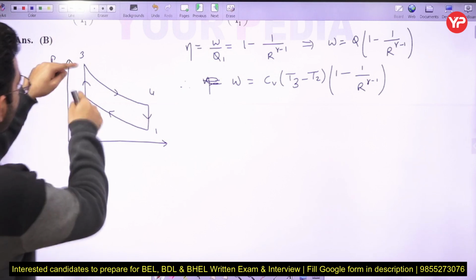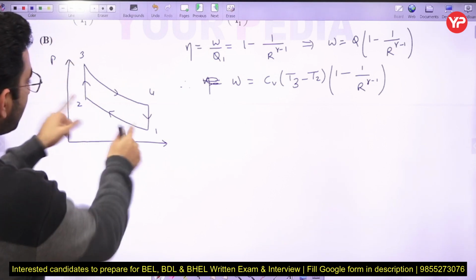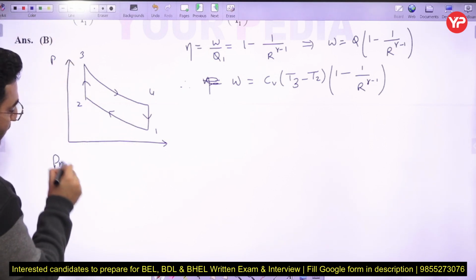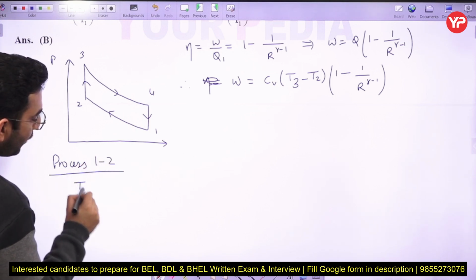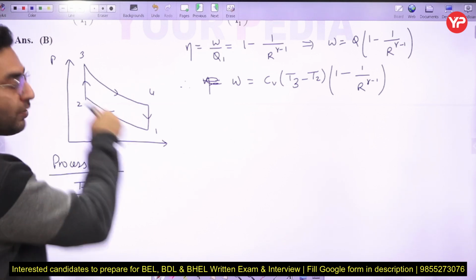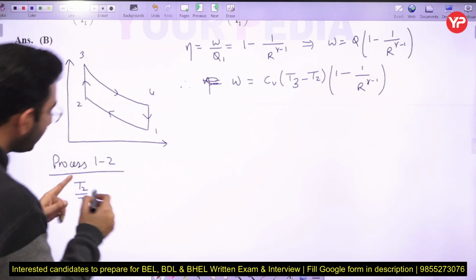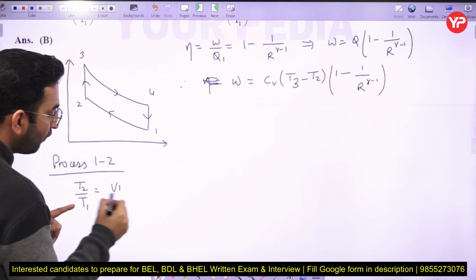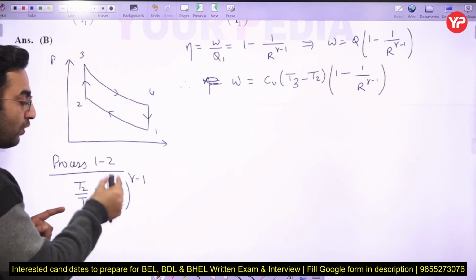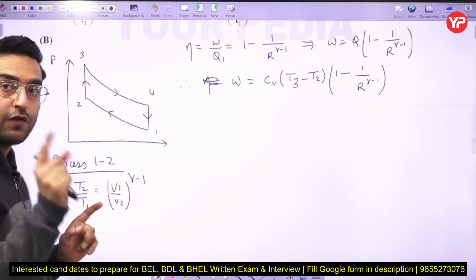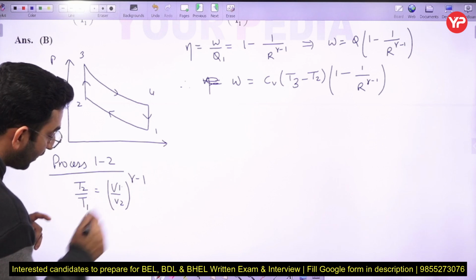Now if you see the process number 1 to 2, it is taking place isentropically. So we can write T2 by T1 is equal to V1 by V2 to the power gamma minus 1, and the ratio of the total volume by the clearance volume is representing the compression ratio.